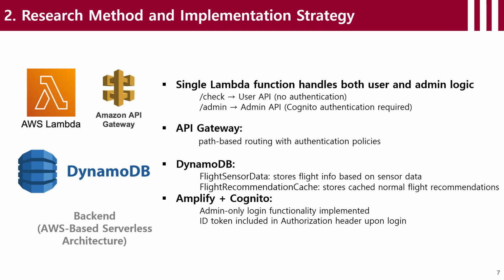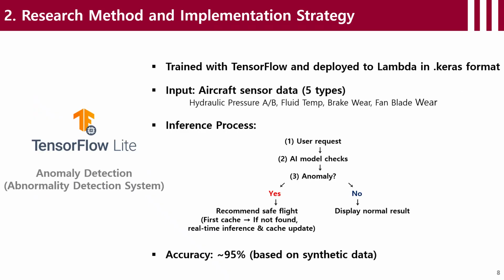Admin login uses Amplify and Cognito, and the app automatically adds the ID token to the authorization header for secure admin operations. We trained our abnormality detection model with TensorFlow and deployed it as a Keras file to Lambda.